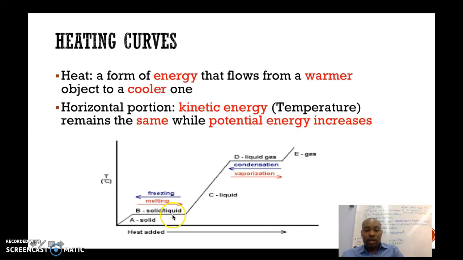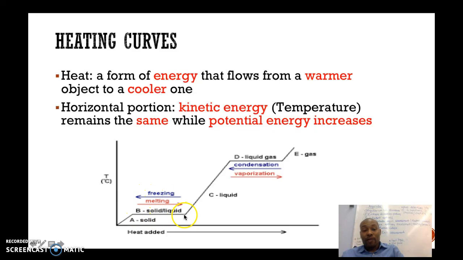This steady part here represents the point at which the solid is going to turn into a liquid. So this portion of the graph here represents the melting stage of the substance. It also represents the freezing if we're going in the opposite direction.